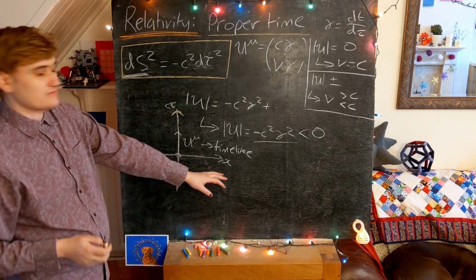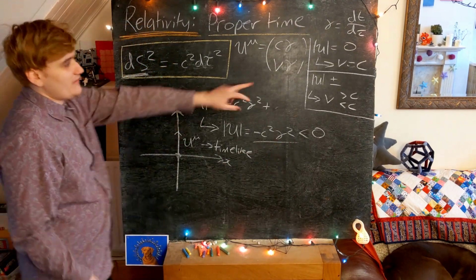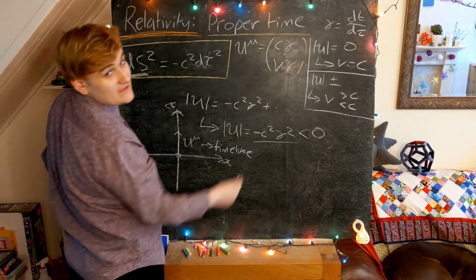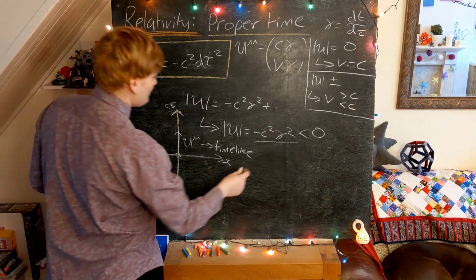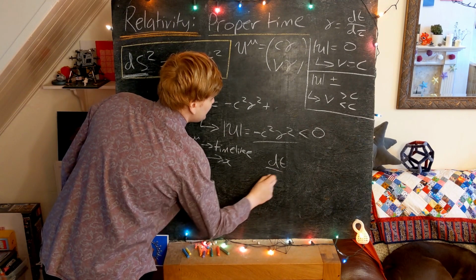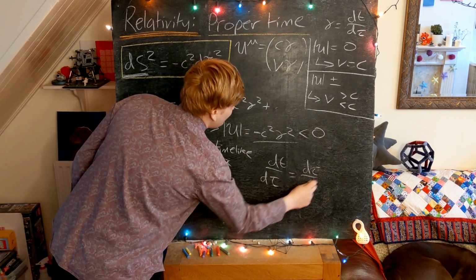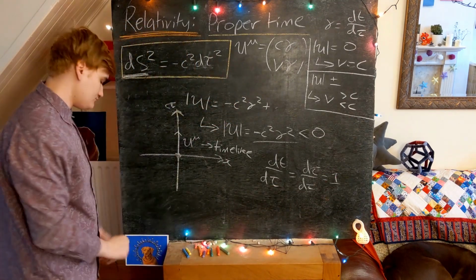We can actually go even slightly further now and realise, remember how I defined gamma, dt by d tau, and remembering that in our own reference frame, t is essentially just tau. So essentially in our own reference frame, dt by d tau is equal to d tau by d tau, which is equal to 1.